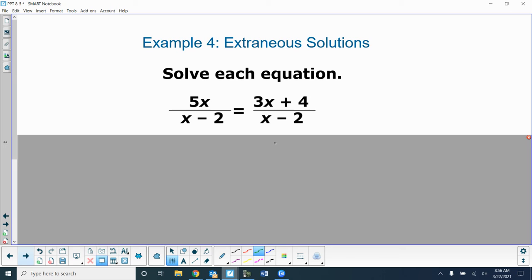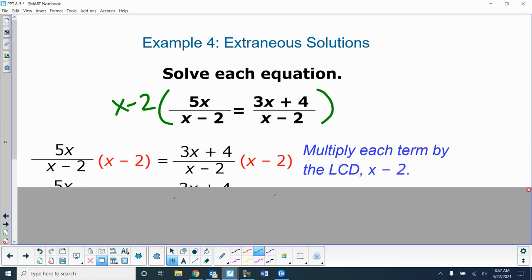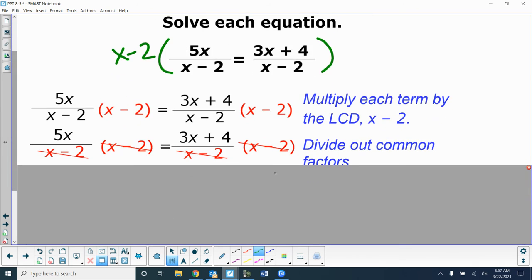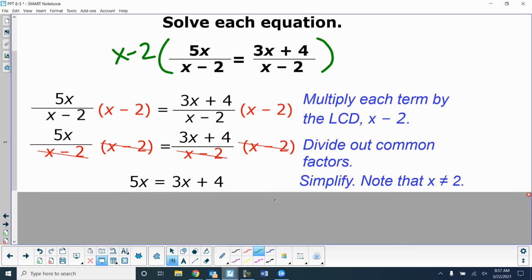So if I multiply the whole thing by the only denominator, what happens to the x minus 2's? They cancel. So all we got is 5x equals 3x plus 4. So if you have the same denominator to start and one fraction equal another, you can basically just drop the denominators, right? It's just 5x equals 3x plus 4.